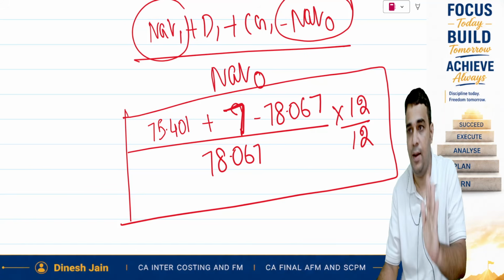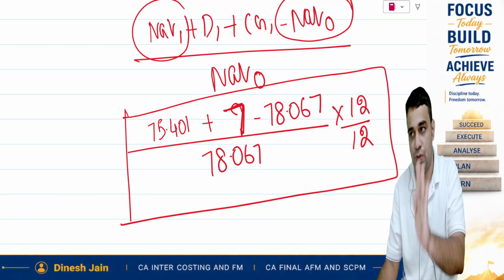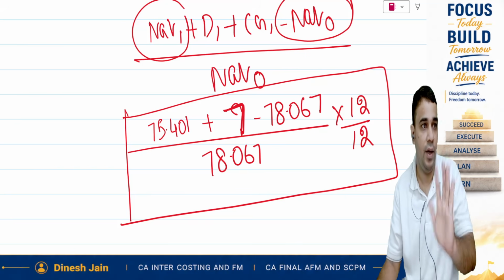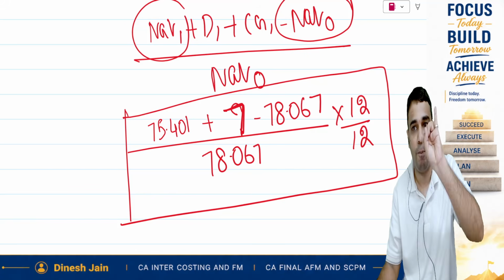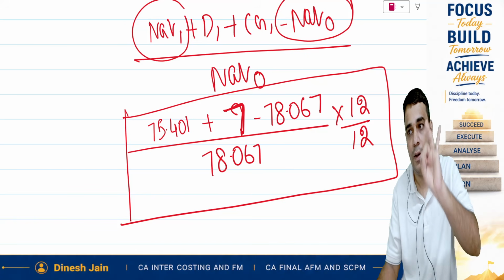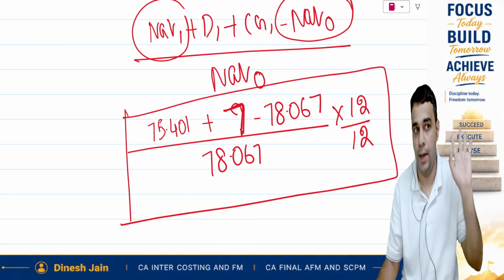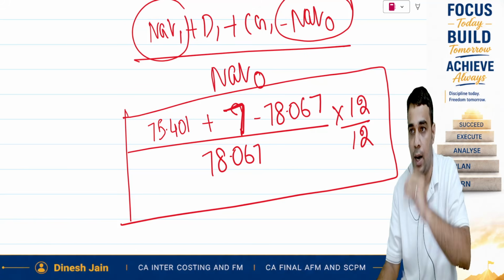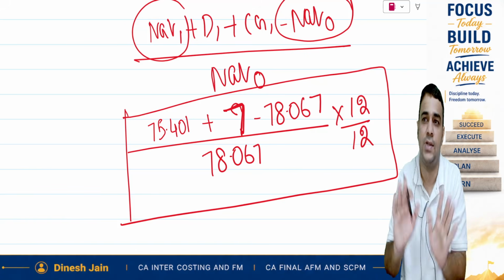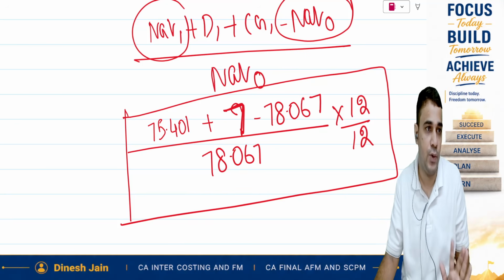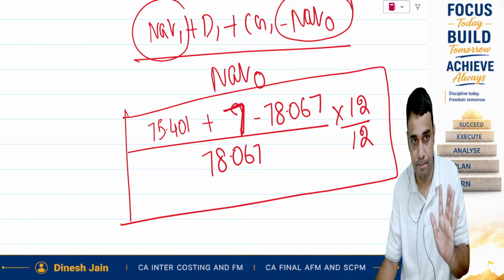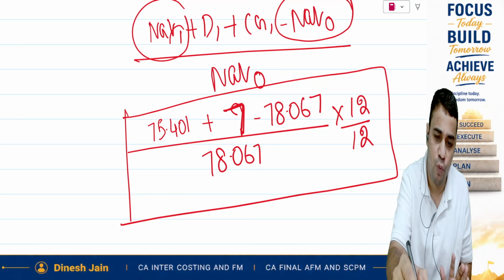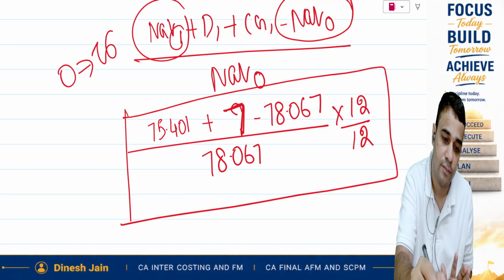This can be done for a property, for a share, for a debenture, or for anything. Even the ROI, ROE, ROA you would have learned, all of that broadly is around this formula only. Any doubts here? Clear? 0 means today, 1 means future.